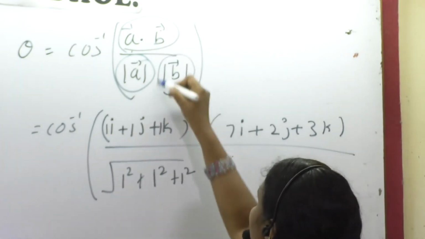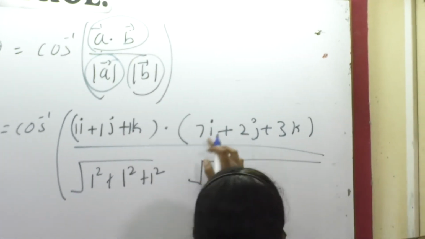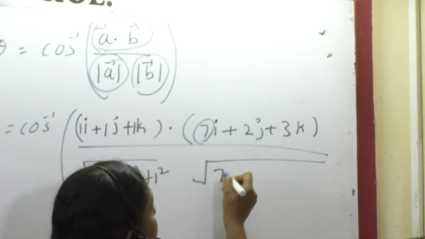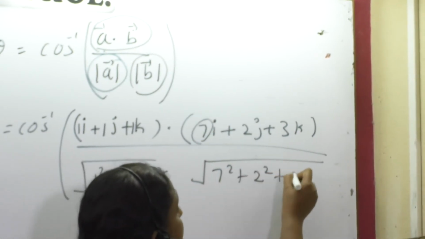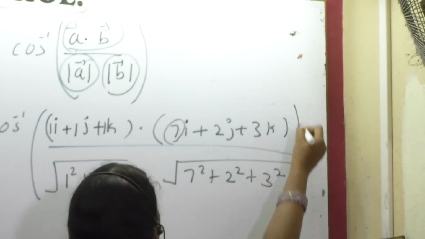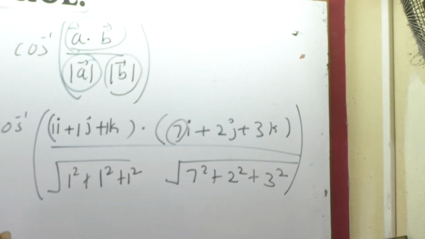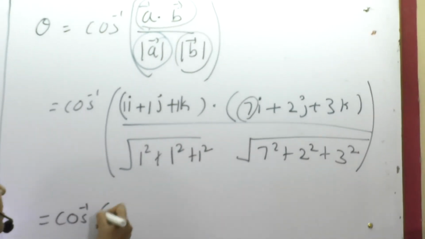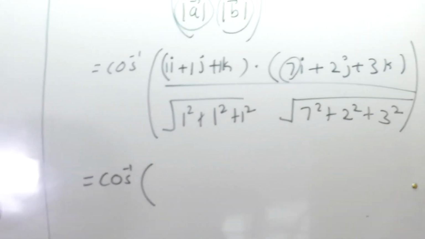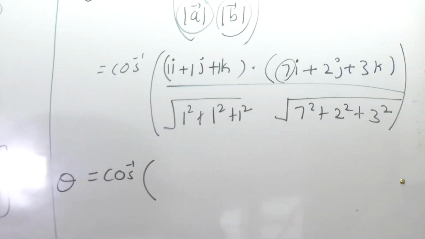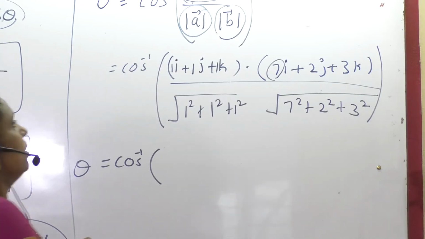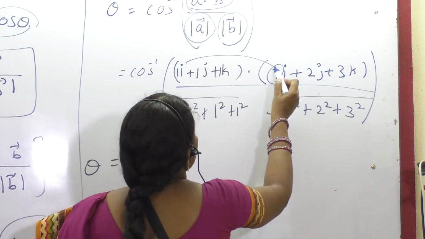Next, magnitude B: 7 squared, 2 squared, 3 squared. So here, put the parenthesis. Completed. Cos inverse. Let us simplify. That will be the angle between two vectors A and B. That's it.